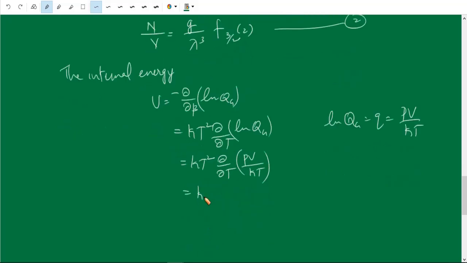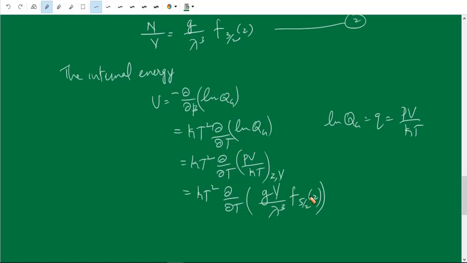So this is equal to KT square, dou by dou T of g V divided by lambda cube f 5/2 of Z. This is the partial derivative with respect to T, with Z and V constant.